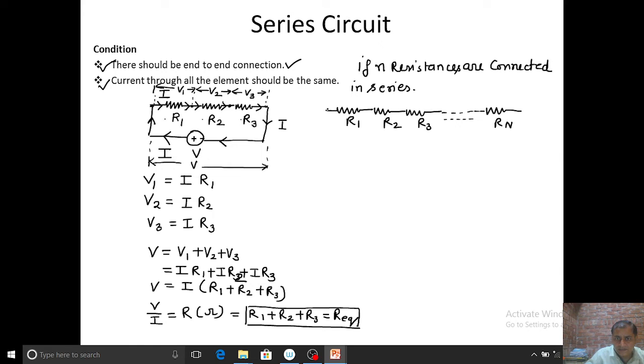So this point is A and this point is B. So what is the overall resistance between A and B?